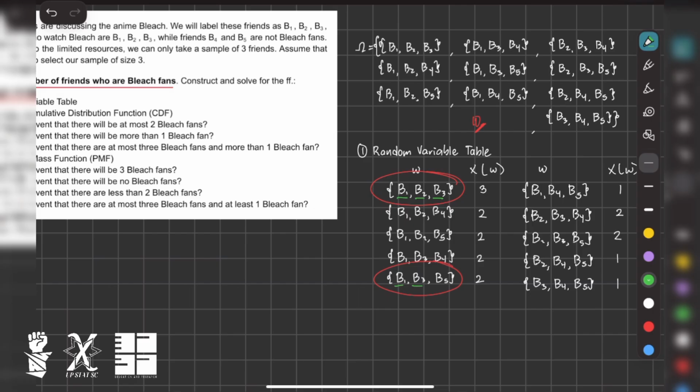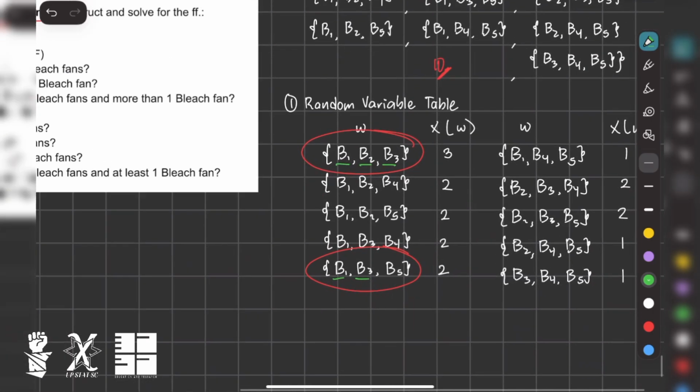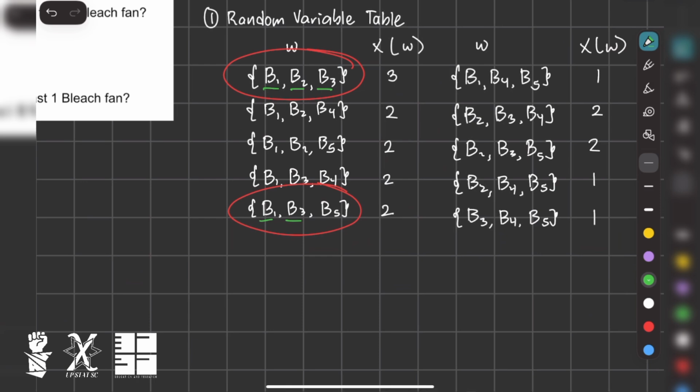Before going into the probability mass function, we must first note if our random variable is discrete or continuous. We know that our random variable x can have the values 1, 2, and 3, as we have noted in our random variable table right here.